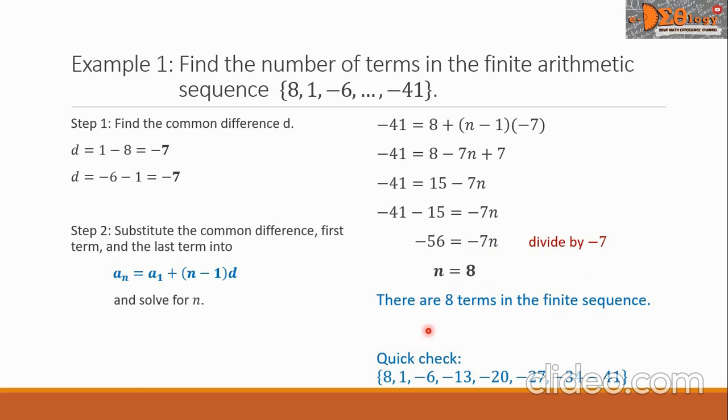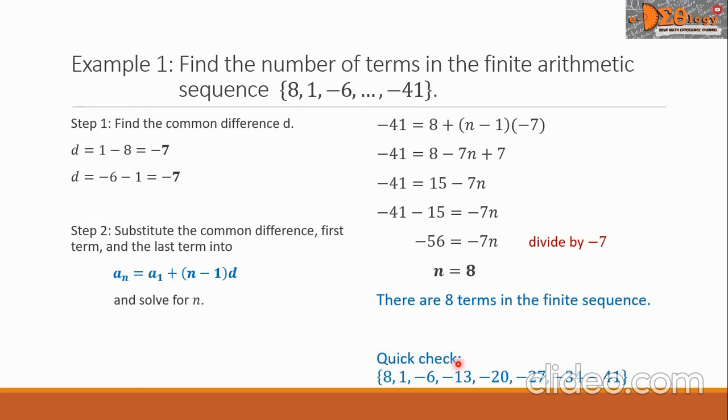Just for us to have a quick check, since our n, or the number of terms, is small, we can try to write all the terms of this finite sequence. So the 8 is here, also 1 and negative 6. Then the next term we can derive with the help of our common difference. So this negative 6 plus negative 7 is negative 13.